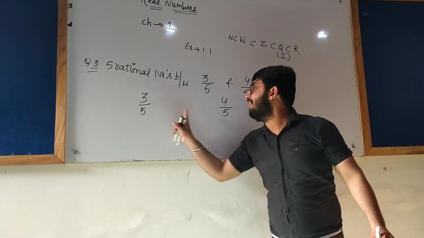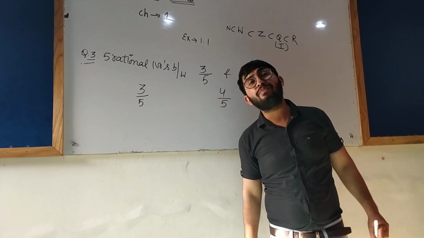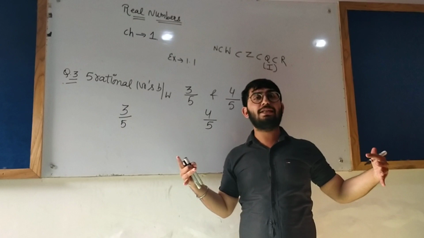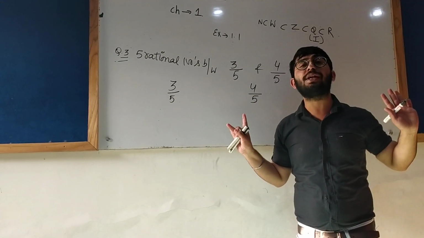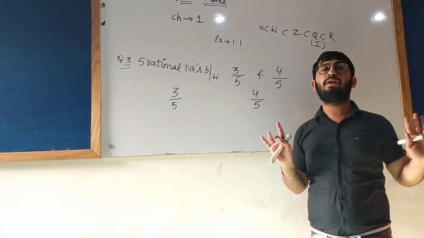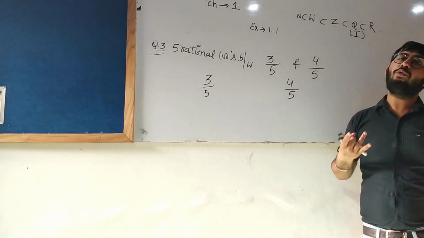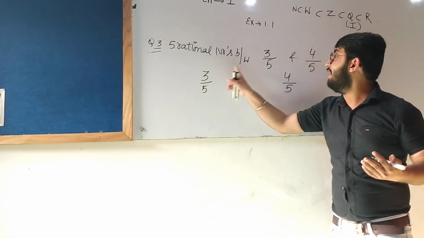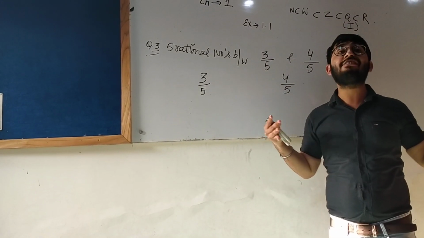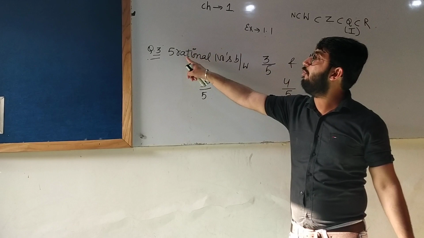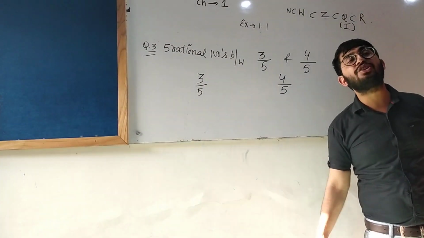The denominator of both the fractions is the same. Now let us compare the numerators, 3 and 4, but there is no number that lies between 3 and 4. So what will we have to do? We'll have to create a difference between these two numbers, 3 and 4. How many numbers do we have to find? We have to find 5 rational numbers.